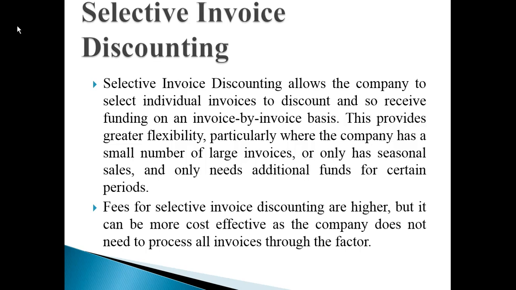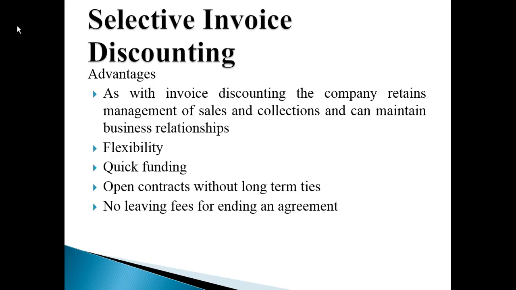Okay, so basically here the company selects the invoices on which it wants to receive the funds, on which it wants to borrow against. So the advantages of selective invoice discounting include quick funding, its flexibility, and so forth.